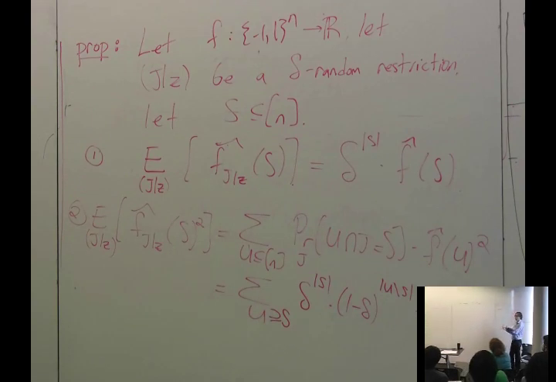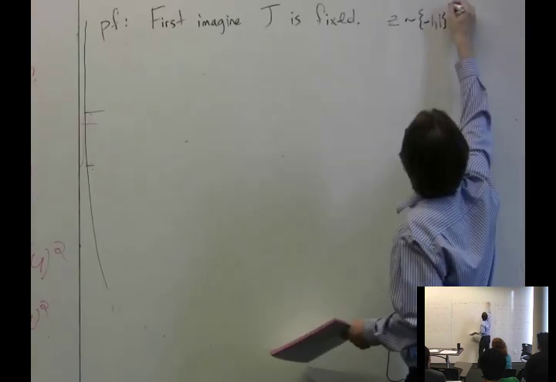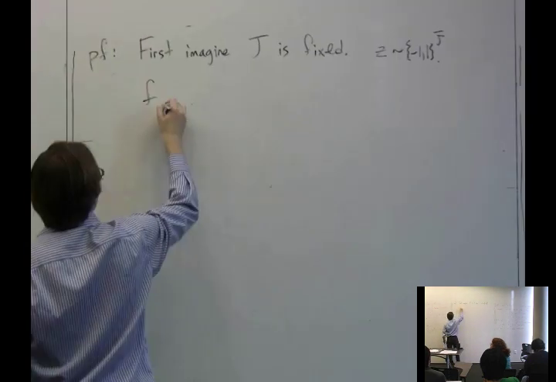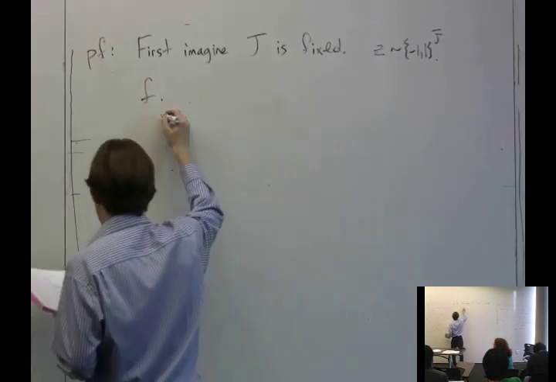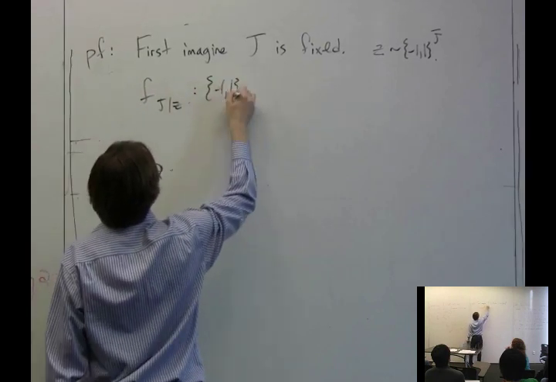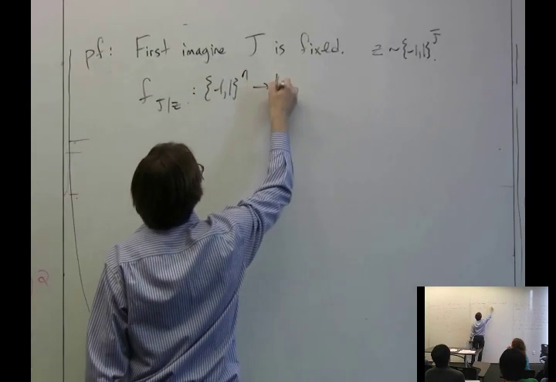So we have the formula for when J is fixed, and then we just take the expectation of that formula over the choice of J. Here Z is still going to be random in J bar. But remember, we're going to think of this guy as still having domain minus 1, 1 to the n.